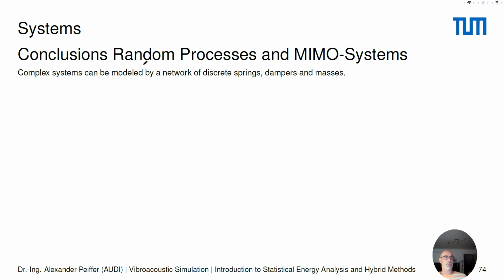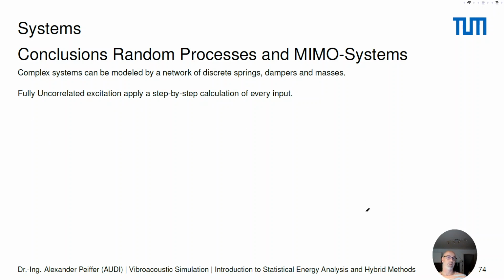They are including also the conclusions on our network of discrete springs and dampers. So a complex system can be modeled by a network of discrete springs, dampers, and masses. For fully uncorrelated excitation, a step-by-step calculation can be applied for every input.